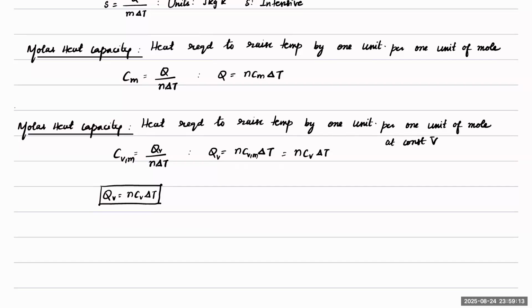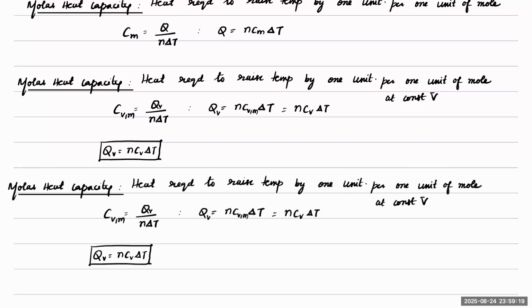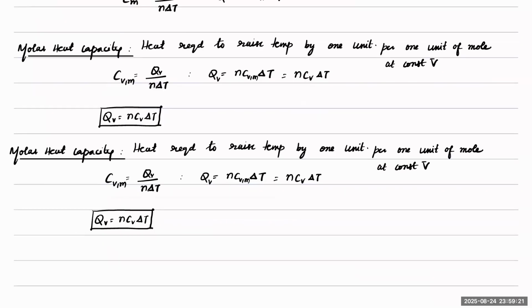Now, if we do the same thing, finding the molar heat capacity, but this time at constant pressure, this is CPM, and we simply write it as CP, and Q will be QP.